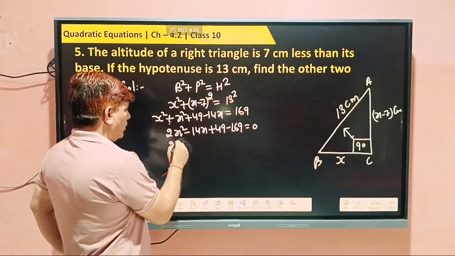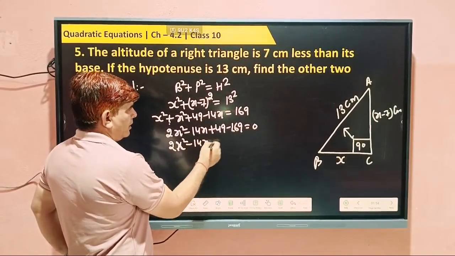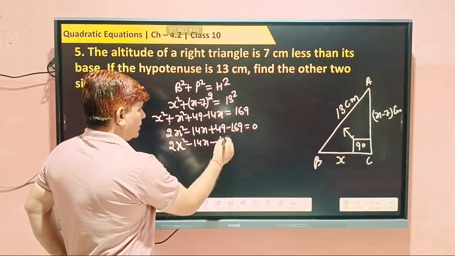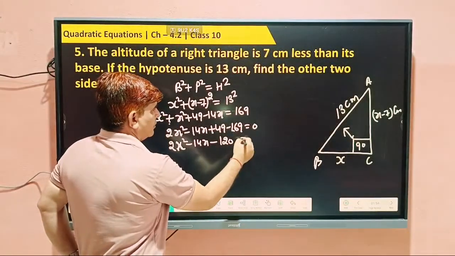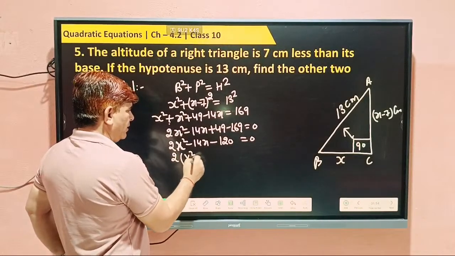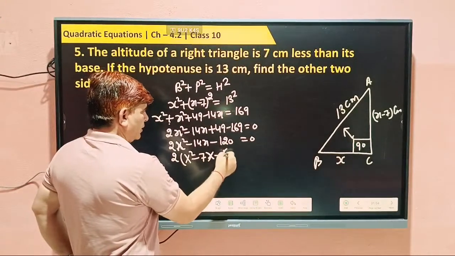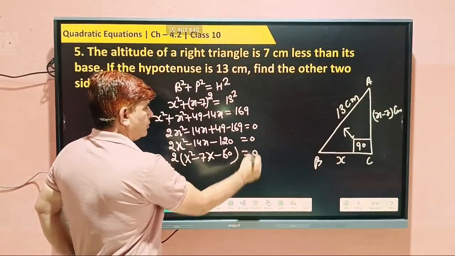So 2x square minus 14x minus 120 is equal to 0. Taking 2 common, x square minus 7x minus 60 is equal to 0.